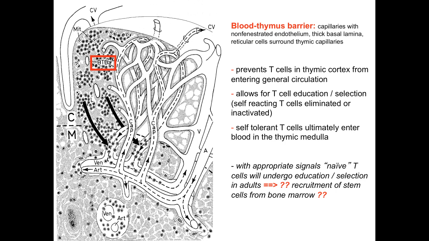With appropriate signals, naive T cells will undergo education or selection in adults. So we think that there is always a little bit of recruitment of T cells in the thymus, and perhaps there are stem cells in the bone marrow that make their way into the thymus and will undergo the process of T cell selection as individuals are older and older.